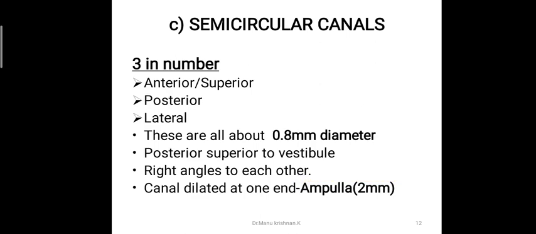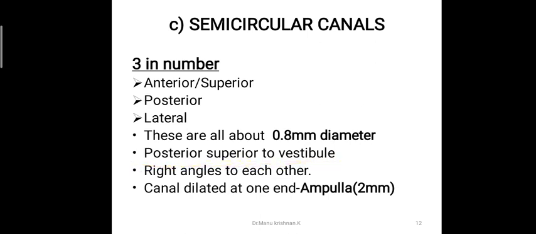So, let us discuss the semicircular canals. The semicircular canals are 3 in number: the anterior or superior semicircular canal, the posterior semicircular canal, and the lateral semicircular canal. These are all about 0.8 millimeter in diameter and lie posterosuperior to the vestibule.